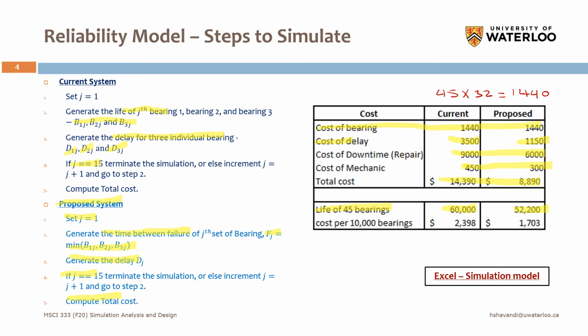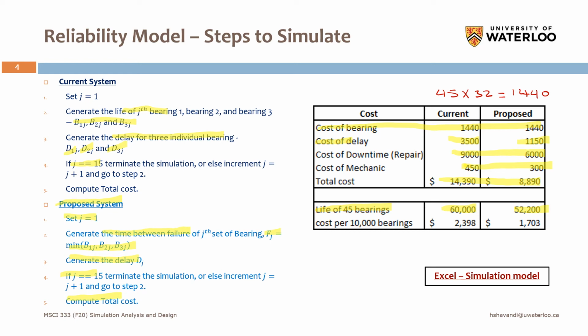Yes, it makes sense because in the proposed we're going to replace 2 bearings at each time that they are still working, right? They are still working, but we will replace them. So in total, the total life for 45 bearings in the proposed system will be shorter than the current system, okay?